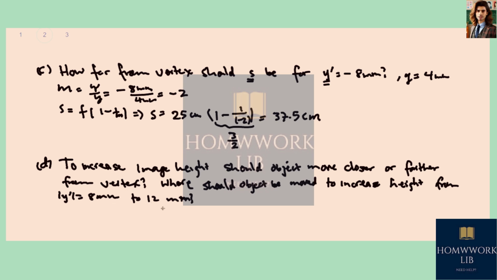And we'll show this because in the second part of the problem, they ask you where you need to move the object in order to increase the height from 8 millimeters to now 12 millimeters. So again, we'll use this formula and carry out the same steps. My magnification will be minus 12 millimeters over 4 millimeters, which is a magnification of minus 6. And then identical steps as up here.